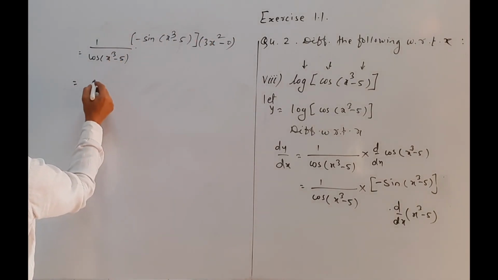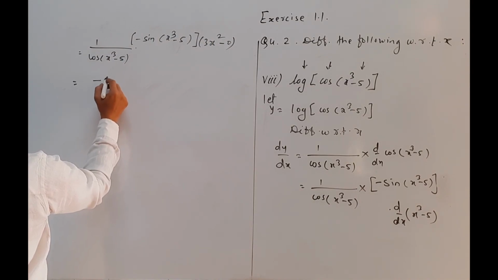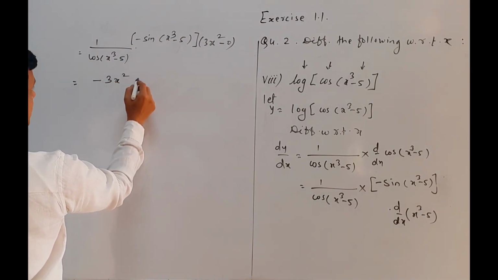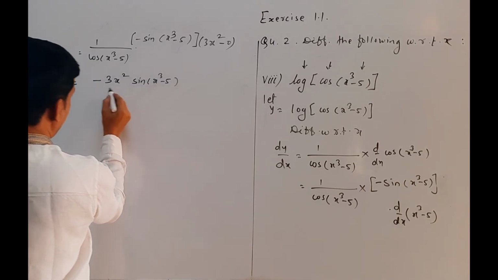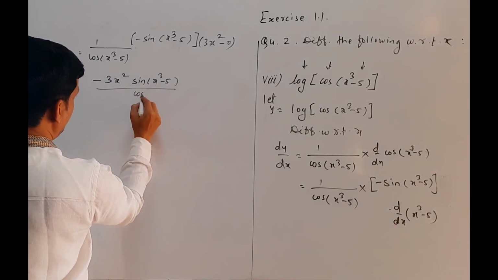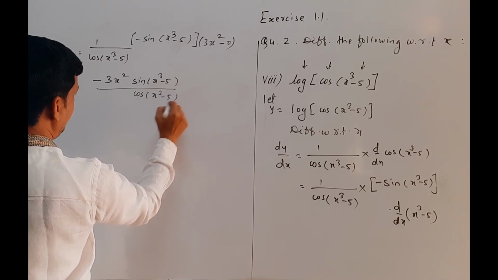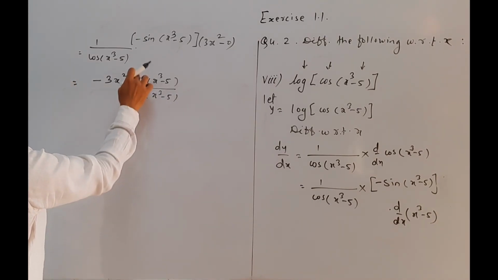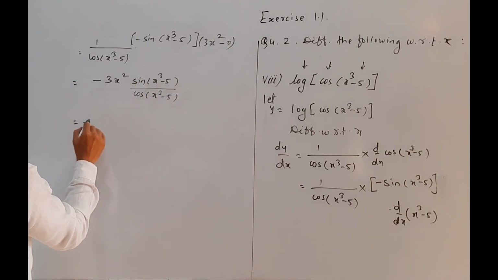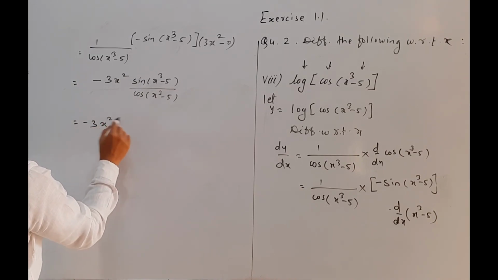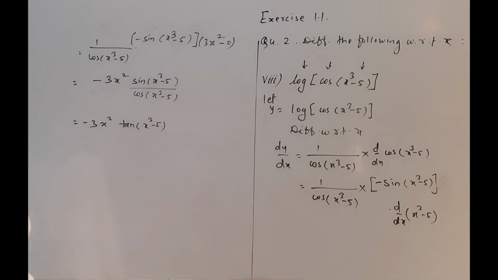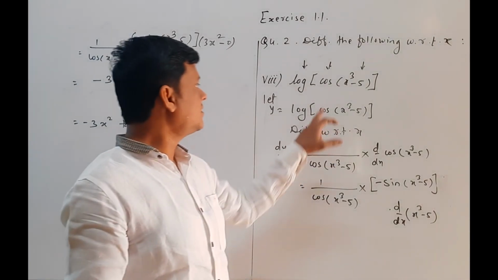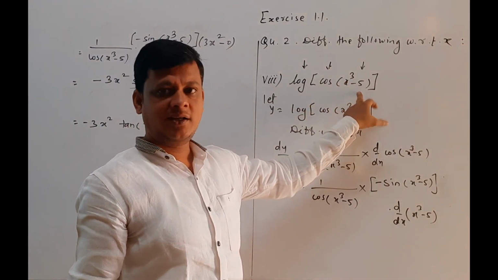So we write 3x square at first position, and here sign is minus. So we write minus 3x square sin of x cube minus 5 upon cos of x cube minus 5. So we write this sin upon cos as tan. So we write here minus 3x square tan of x cube minus 5, which is the derivative of this log of cos of x cube minus 5.